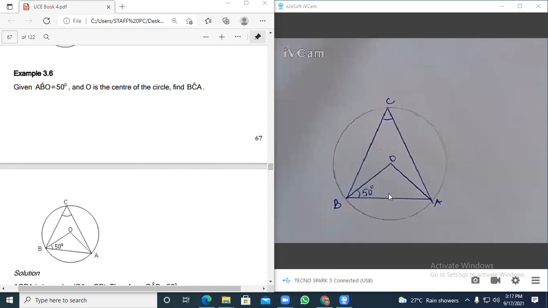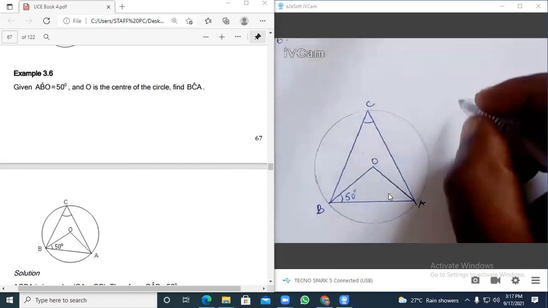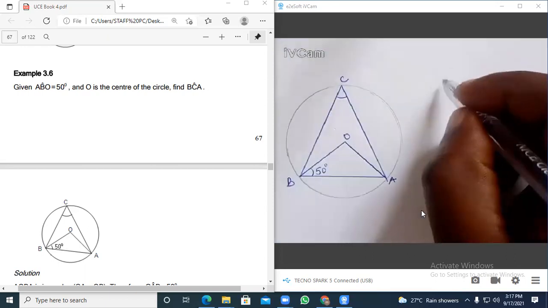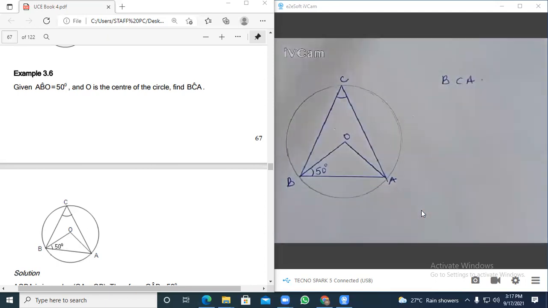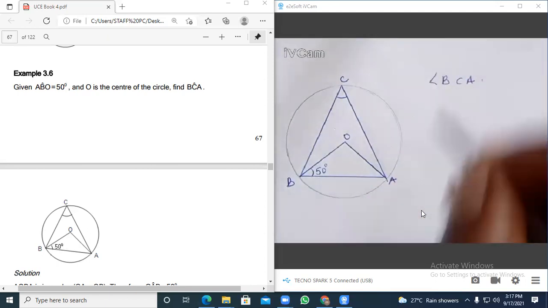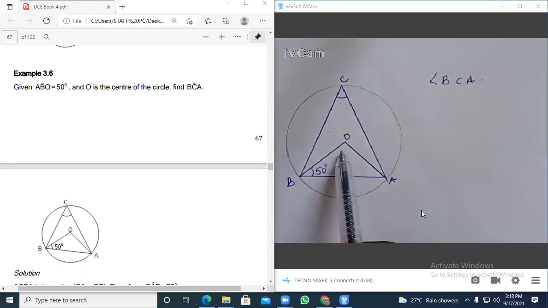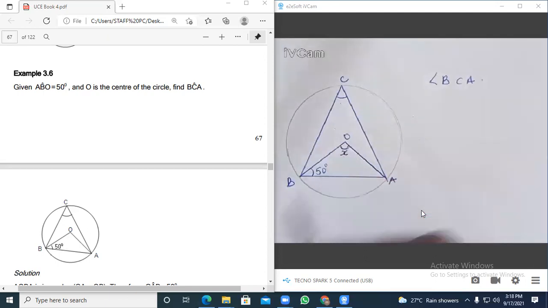So members, if we are to find angle BCA, what we need to do is, they want us to find this angle, isn't it? Can we find this angle first, members? Can we find this angle here? Let us call it X. Are we together? Yes. Let us find X. How do we find X?